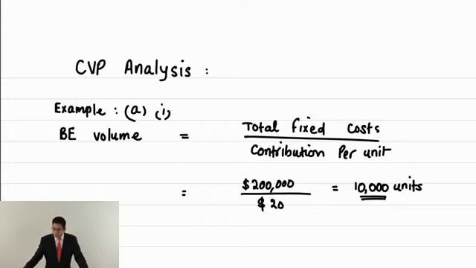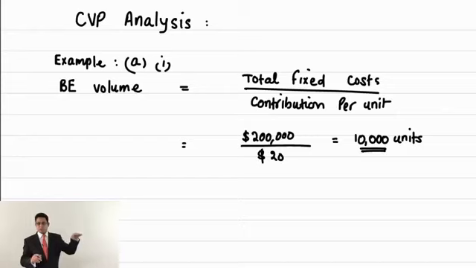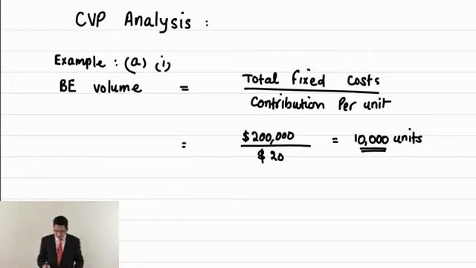Now we are looking at the second part. Do you know the meaning of this 10,000? Meaning if this company sells 10,000 units, they will end up at break even, meaning they will have no profit, no loss. Or in other words, by selling 10,000 units, total revenue will equal total costs. You can check, you will get the same answer.